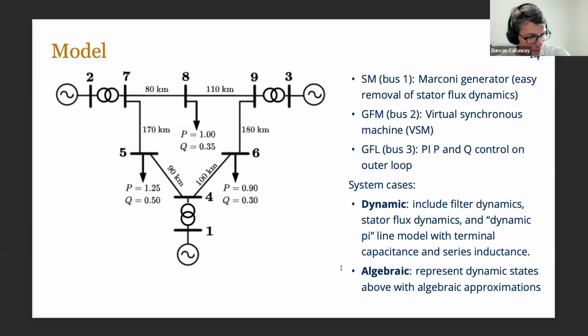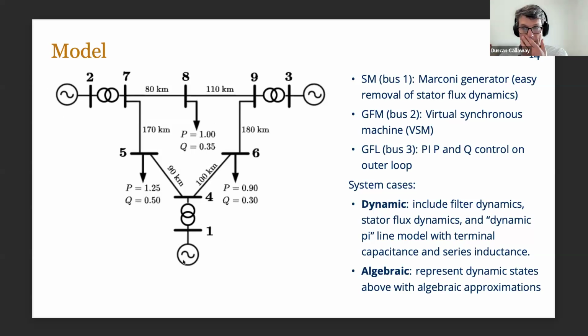So the way that we began mechanically doing this study is we started with a well-known model to many of you. This is the IEEE 9-bus model. And we modified it to place a synchronous machine at bus 1, a grid forming inverter at bus 2, and a grid following inverter at bus 3.